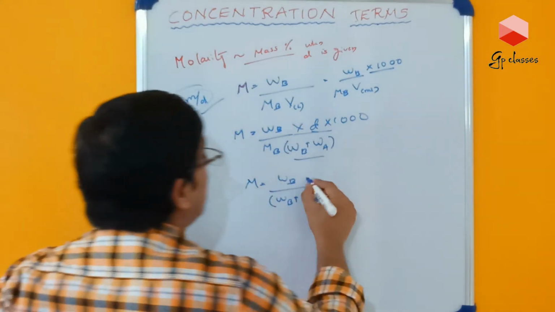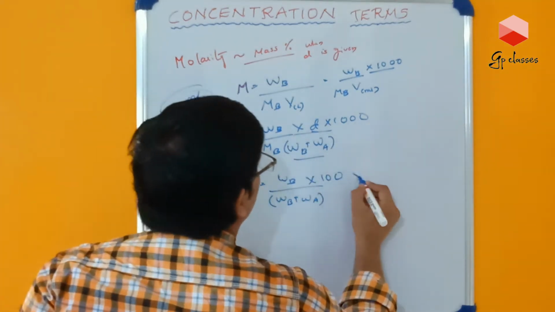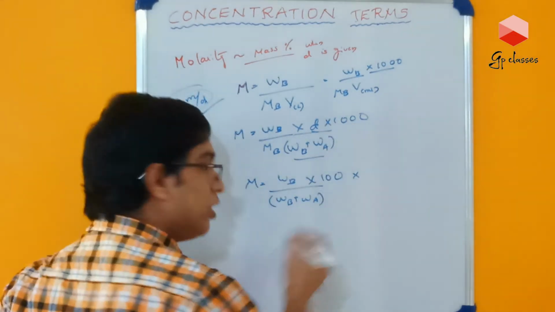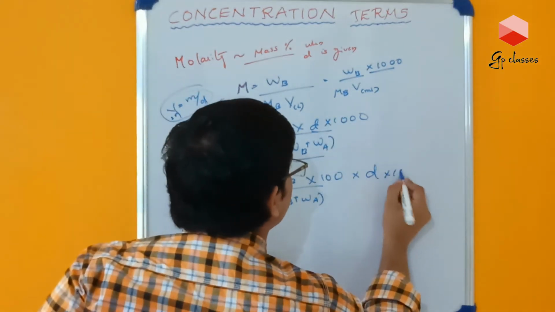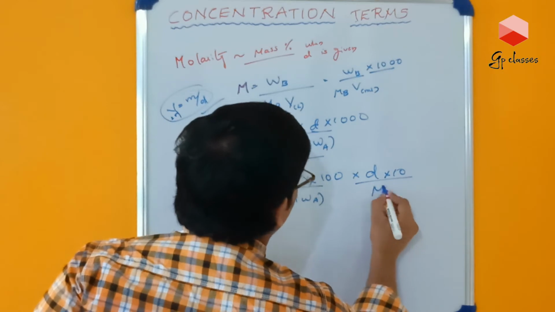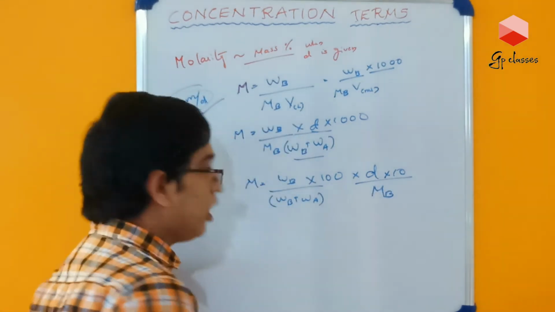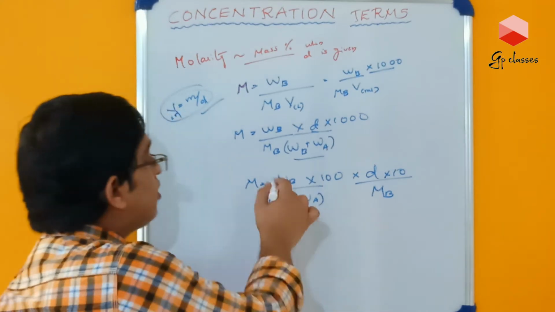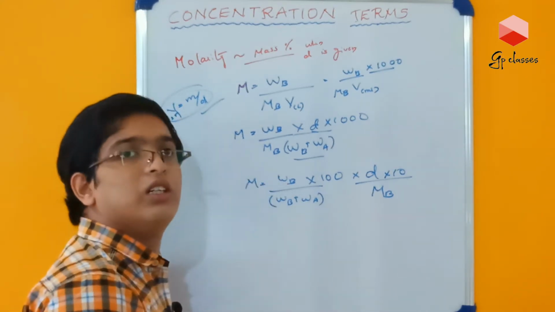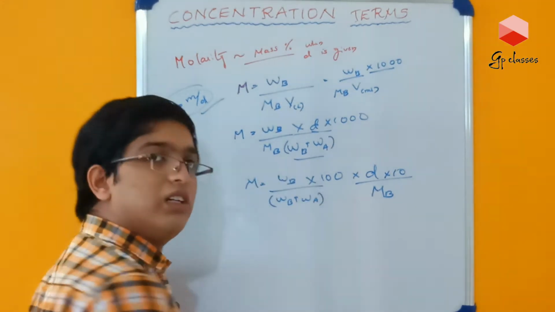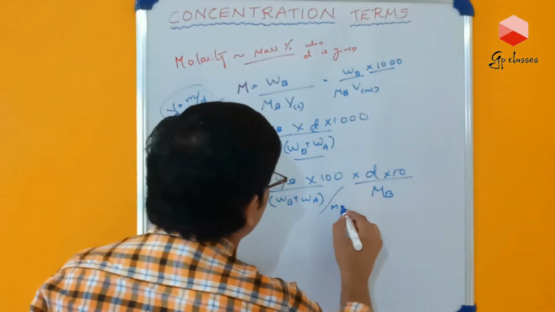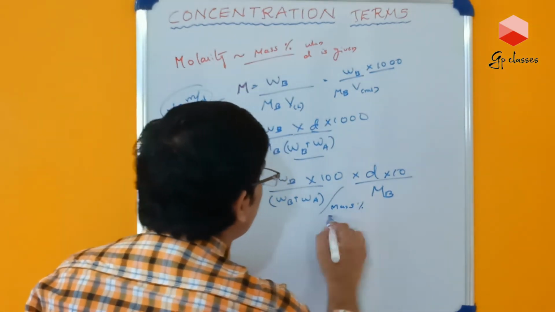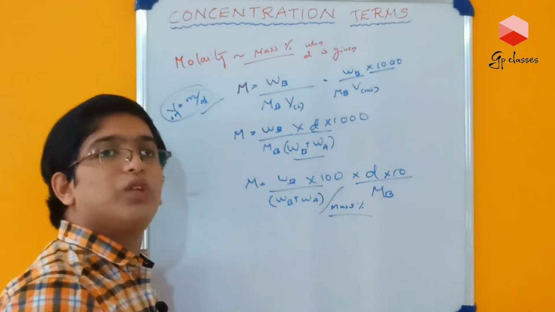Into 100. I am taking from this 1000 into density into 10, which is remaining, divided by MB. So what is WB divided by WB plus WA? That is the weight of solute divided by the net weight, into 100. This is actually the mass percentage: weight of solute divided by the net weight of solution into 100.